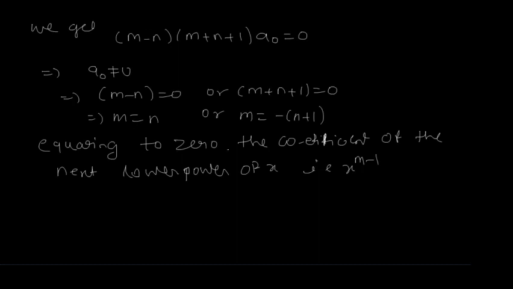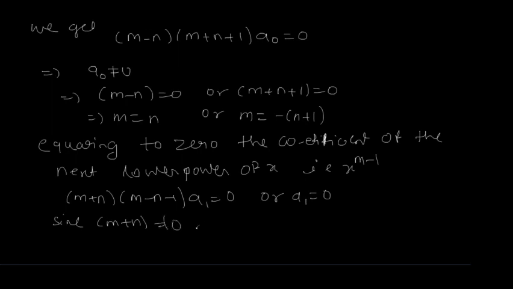So then we get m plus n into m minus n minus 1 into a1 equal to 0, or a1 is equal to 0, because m plus n cannot be equal to 0 and m minus n minus 1 also cannot be equal to 0.